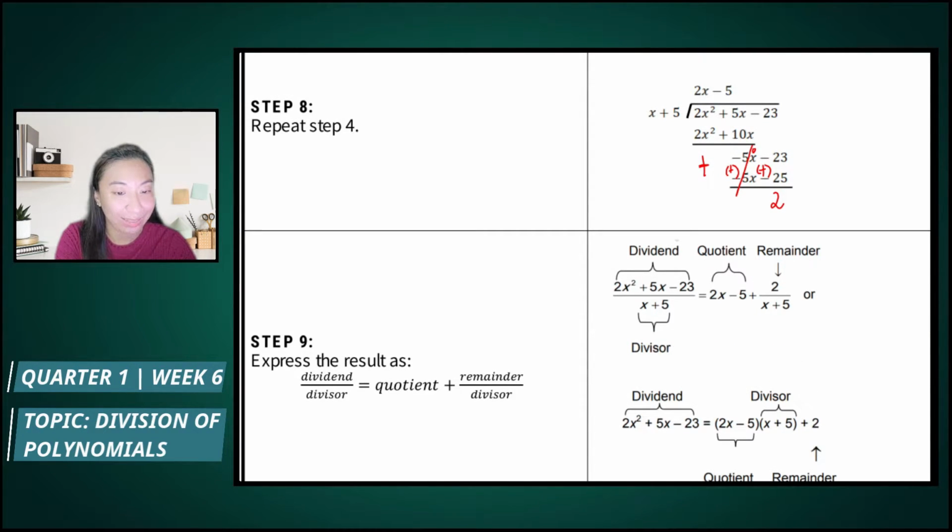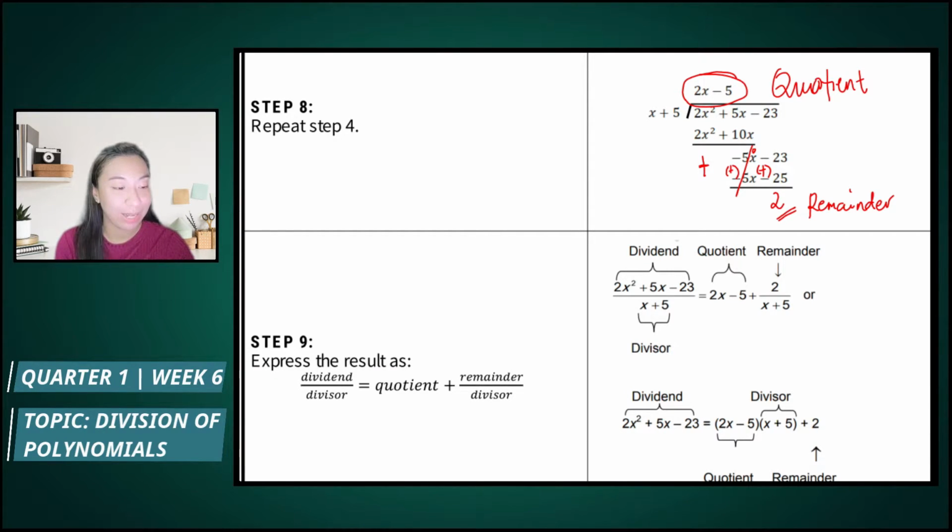Notice that we do not have any more variable. If that's the case, then we are done with the process of long division. This now becomes our remainder, and we can now identify our quotient, which is written here.